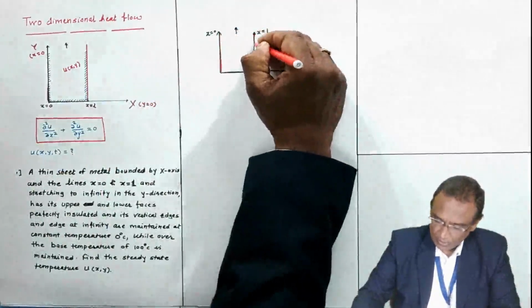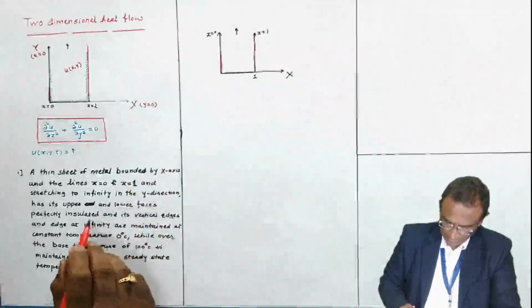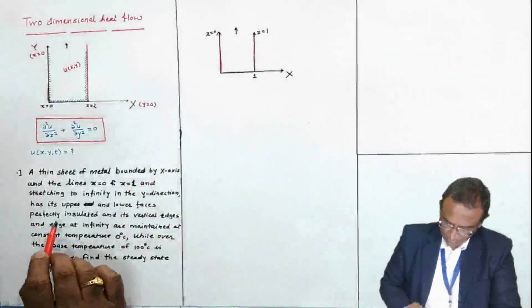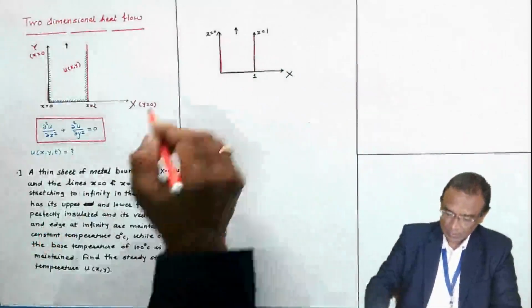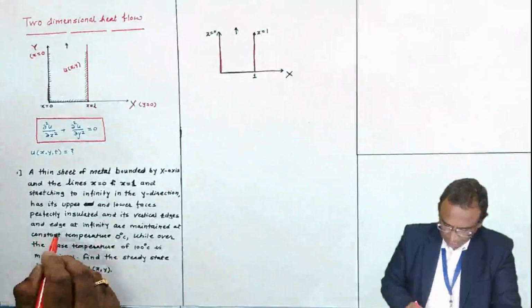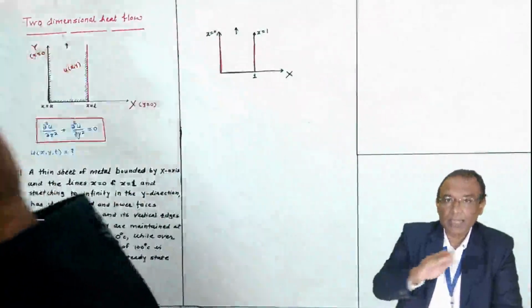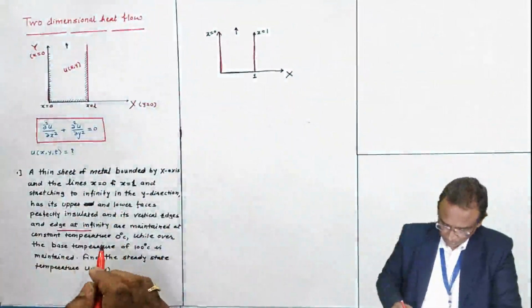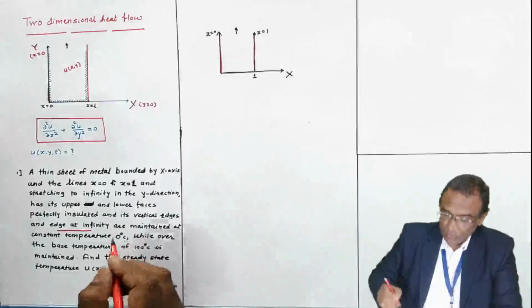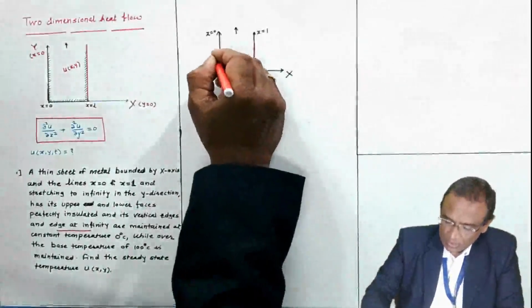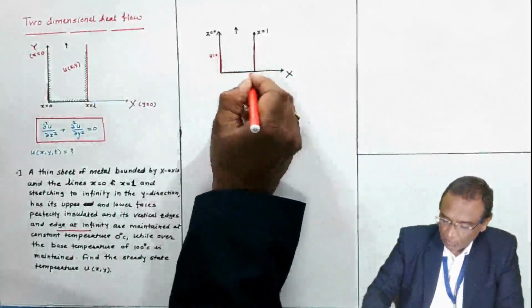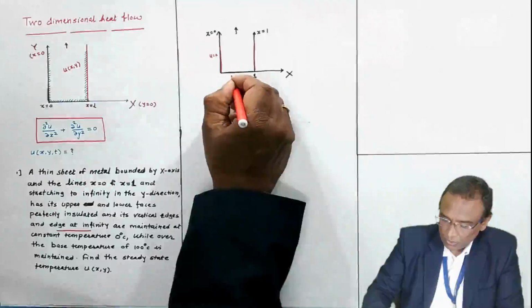And the edge at infinity, which is horizontal and occurs at infinity level, is maintained at 0 degrees centigrade. That means along this the temperature is 0, and along this the temperature is 0.